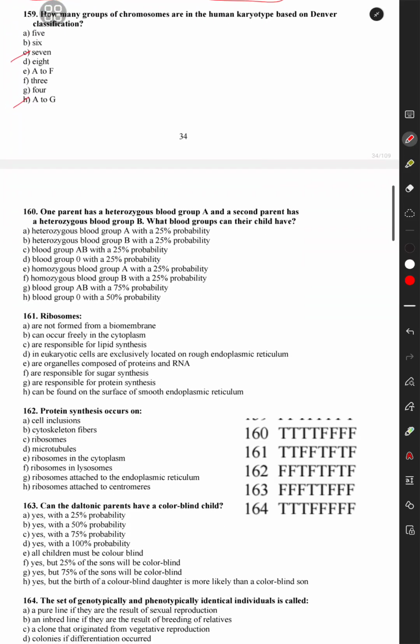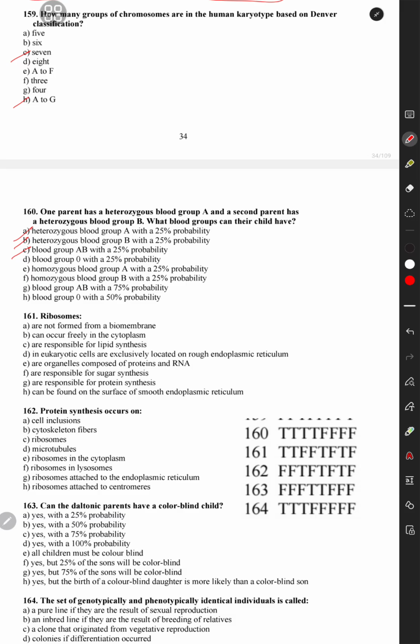One parent has heterozygous blood group A and the second parent has heterozygous blood group B. What blood groups can their child have? One parent has heterozygous blood group A, AO, and the other parent has BO. A with 25% possibility, AO with 25%, B with 25%, AB with 25%.